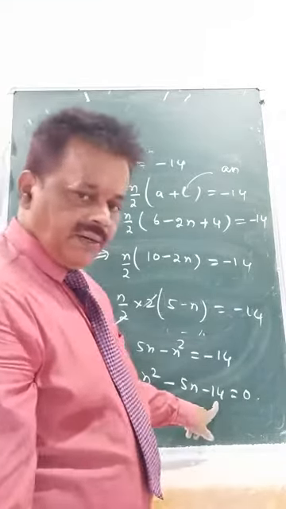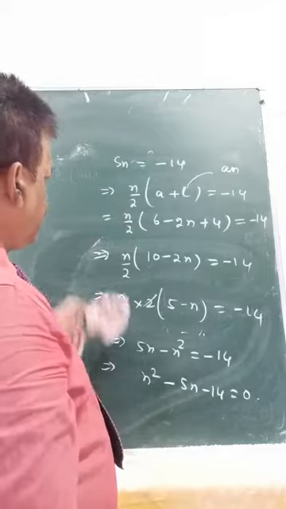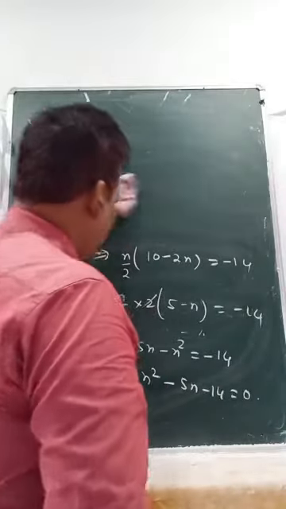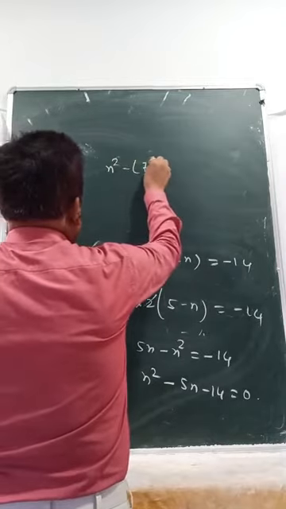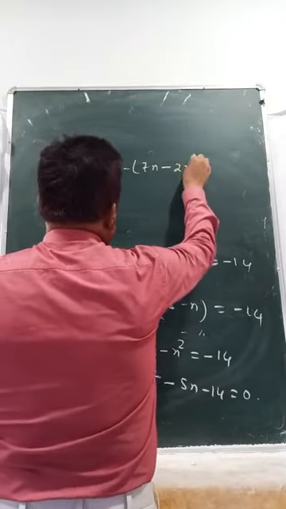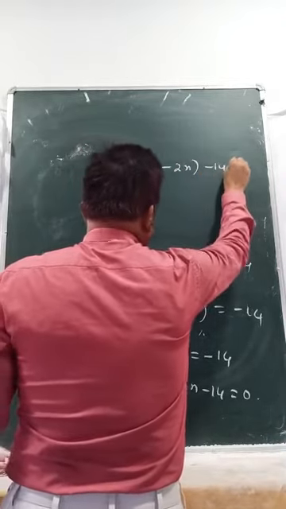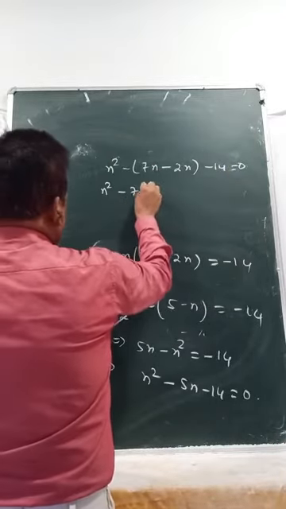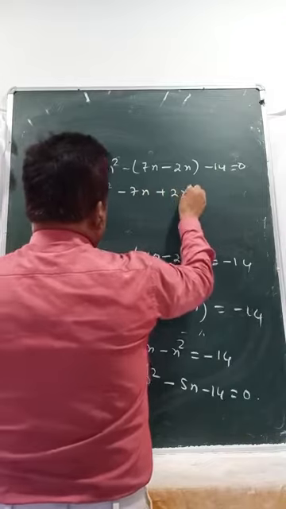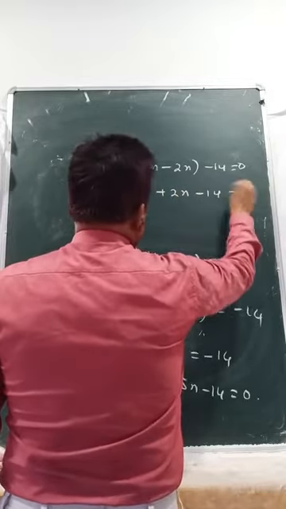Seven twos are 14. So what will you write? n square minus 7n plus 2n minus 14 equals 0.